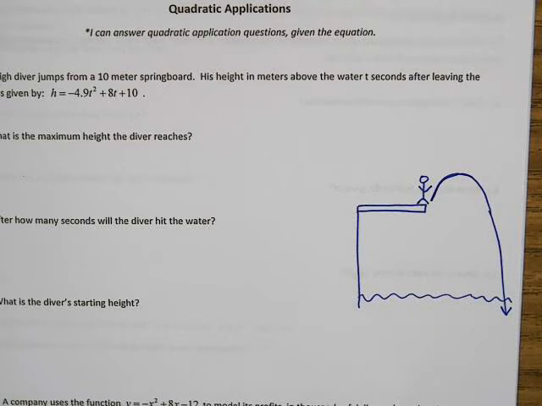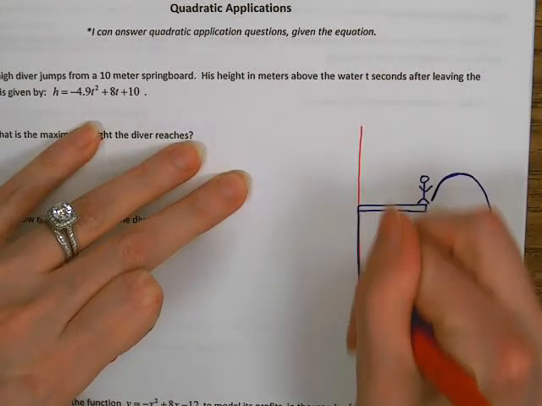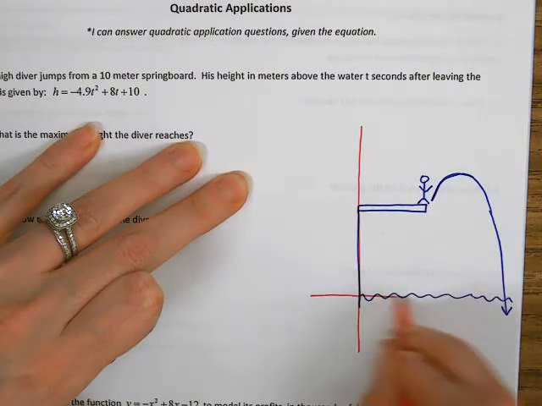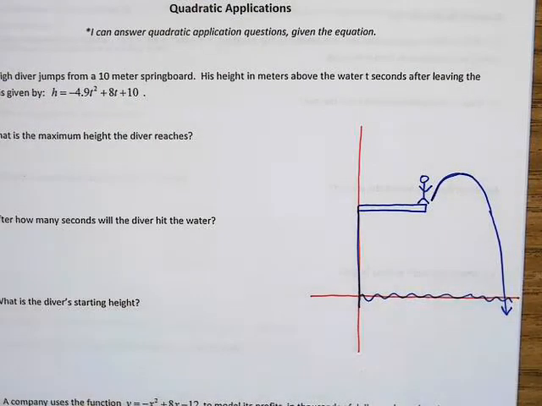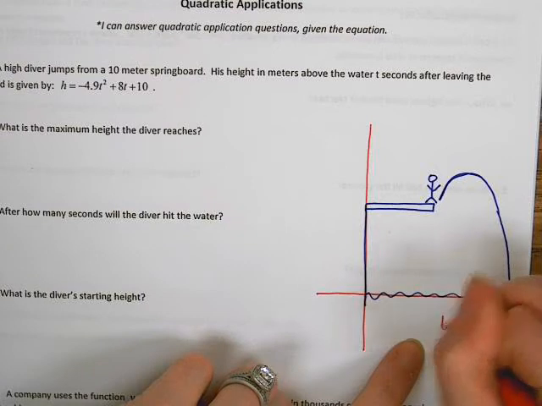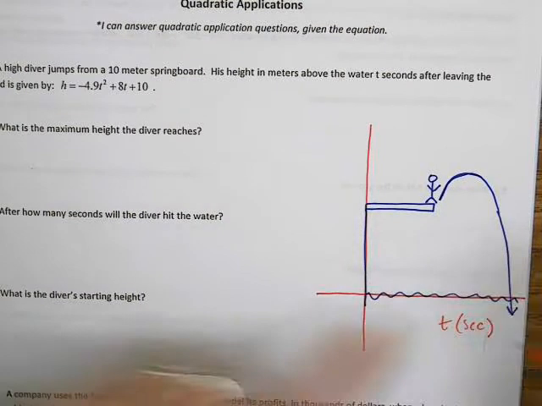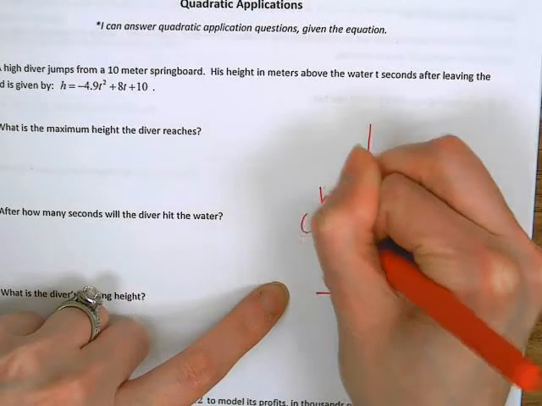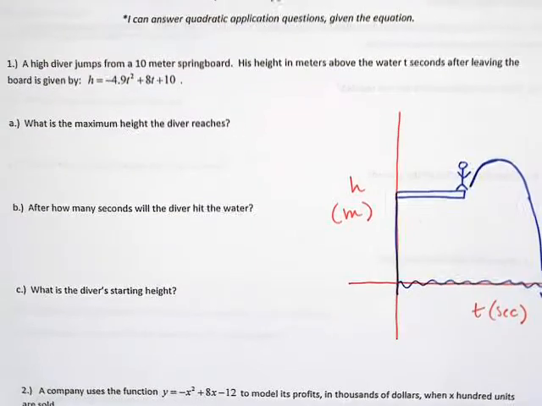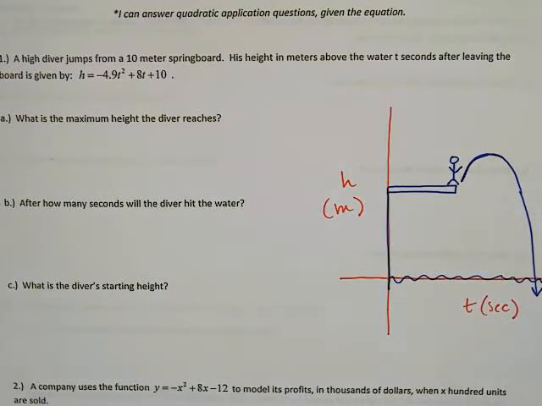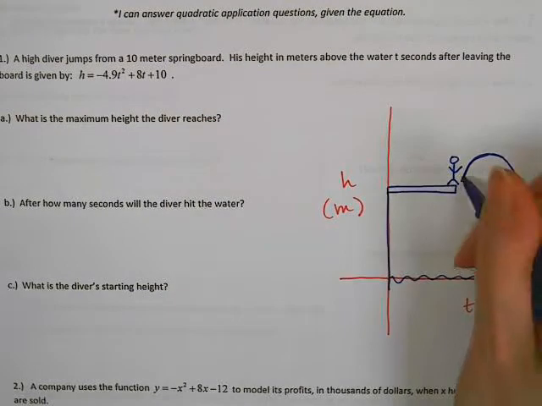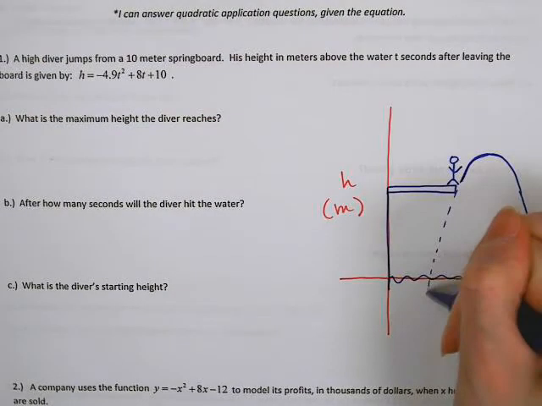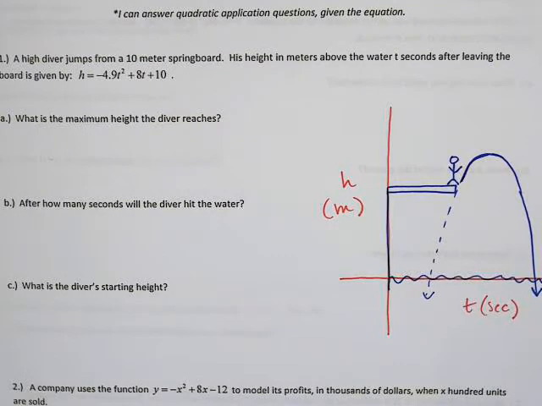If we drew X and Y axes, that could be our situation. X stands for time in seconds, and Y stands for height in meters. And I know it's not really relevant, but here's the rest of the parabola, technically. But it doesn't really matter.